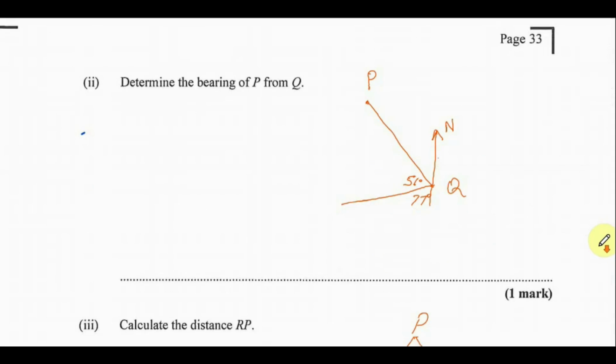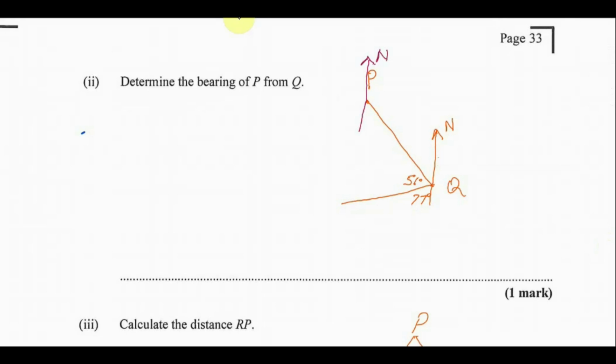Now we are asked to determine the bearing of P from Q. Let me drop the north line here too. Not very straight, but alright, so we just take that part out of the diagram.